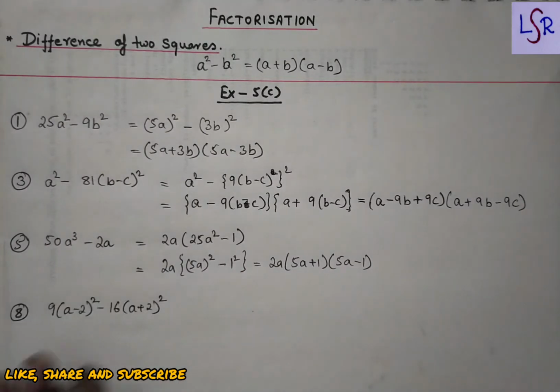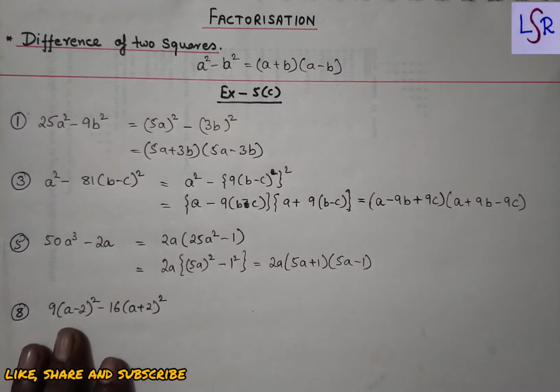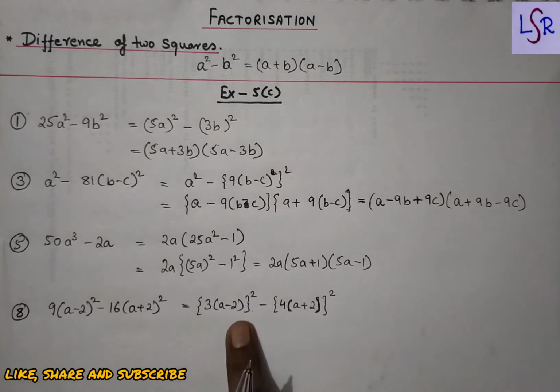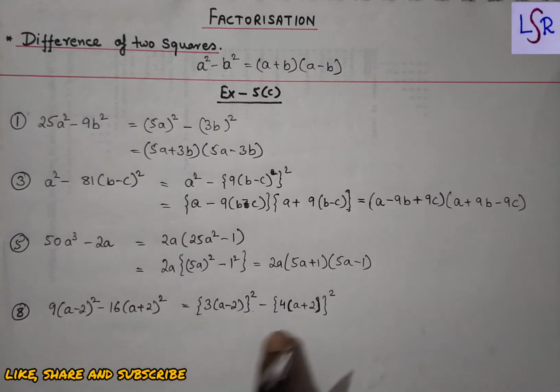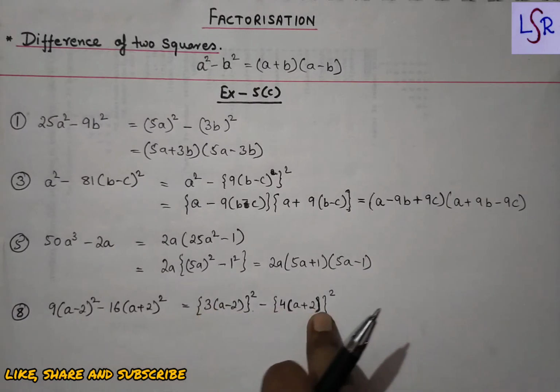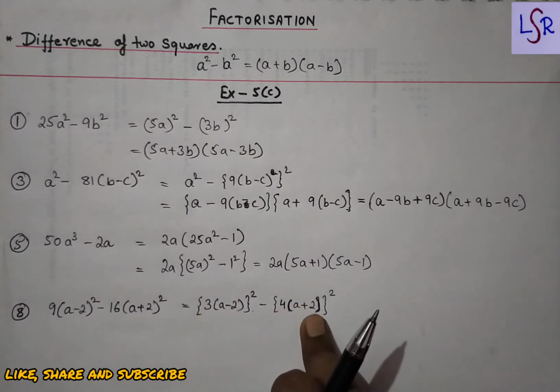Now let's go for the question number 8. Here in this one we are having a number and then a square bracket in both of the cases. So first of all we are going to include them, and here we have written this one in this form by writing 9 as the 3 square and 16 as the 4 square. Now this is in the form of a square minus b square, where in place of a is this whole term, in place of b we are having this whole term.